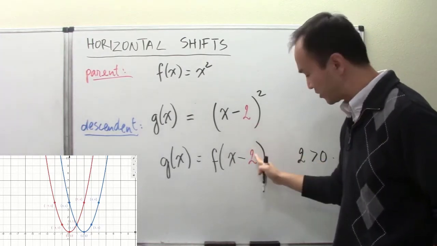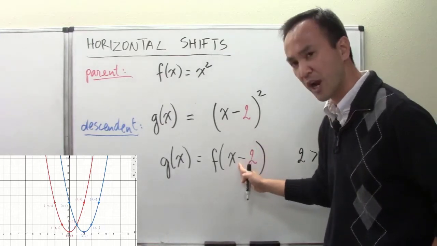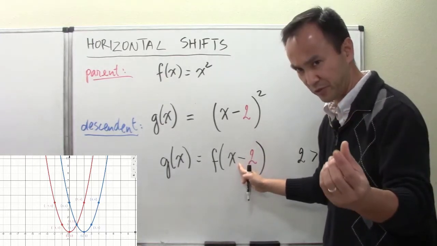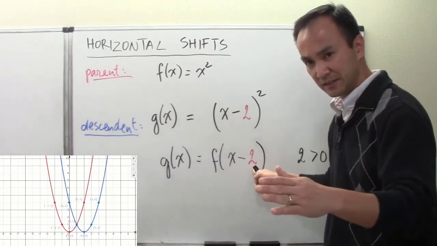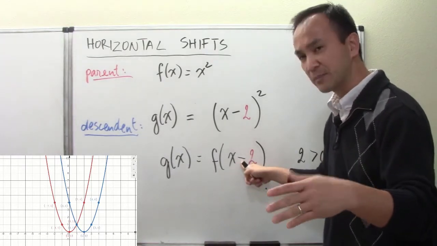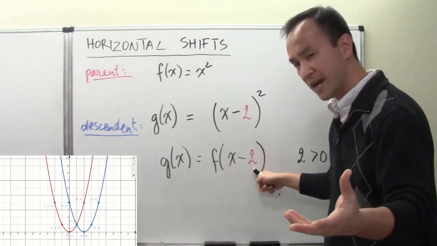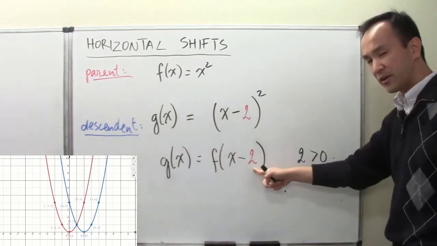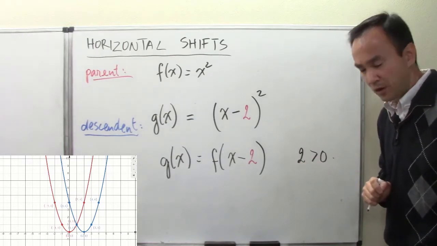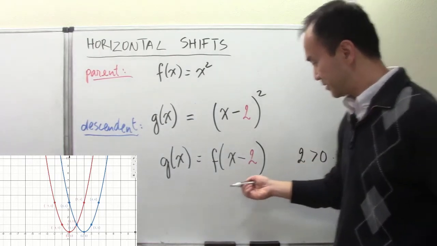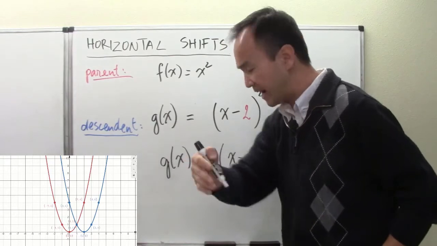I want you to focus on that 2. Aside from that subtraction operation, I want you to see this value as a value after a subtraction operation. So in the way it is right now, that value in red is minus 2.